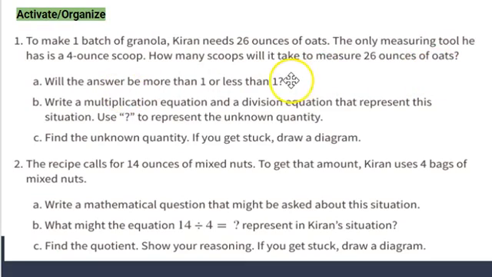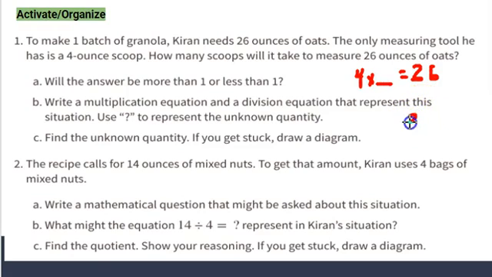Is it going to be more than 1 or is it going to be less than 1? Well, I hope to know that 4 is less than 26, so it's going to have to be more than 1. What's the multiplication going to look like for this, and what's the division going to look like for this? Yeah, the multiplication is going to be like this, right? 4 times something is going to give us 26.